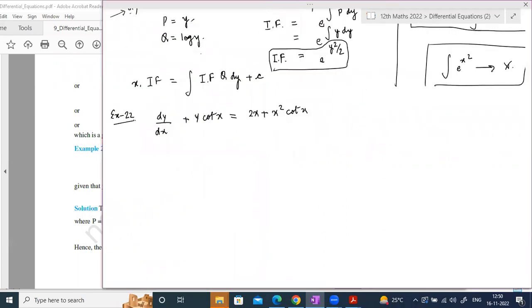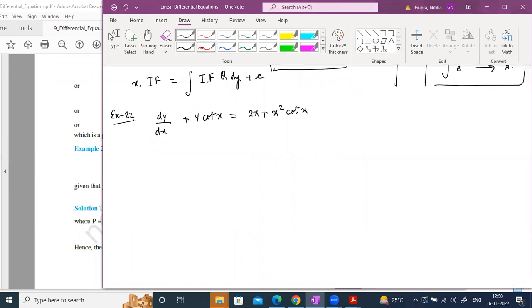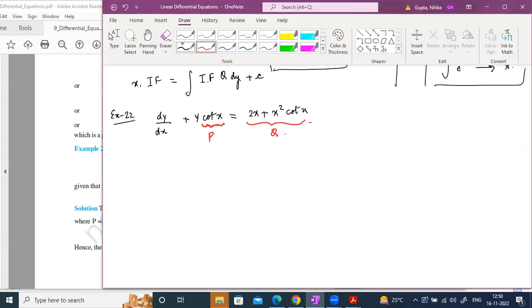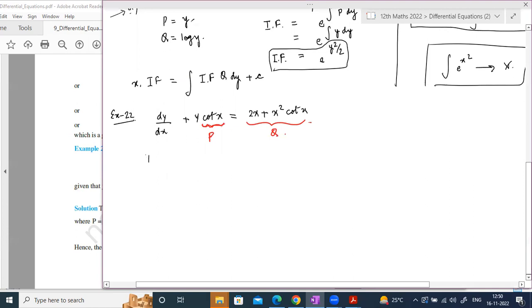Which form is it? Is it the first form or the second form? Sir, cot x will be p, and this will be q, so it is in the first form. Right? So what will be the integrating factor?